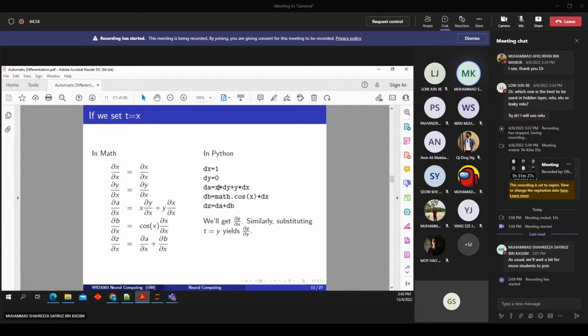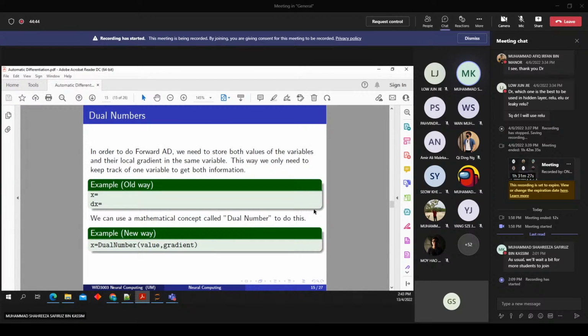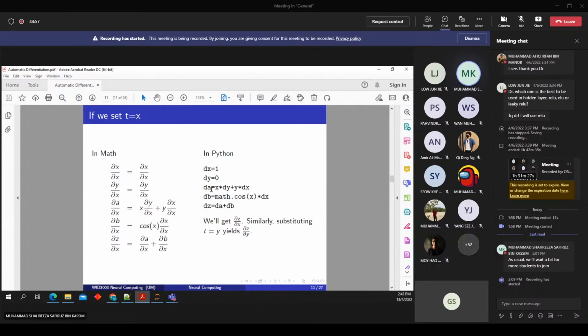I'll be showing later. We'll be using a concept called a dual number, where you have the values of the variables and the gradient. So in here, you don't have the values of x yet.